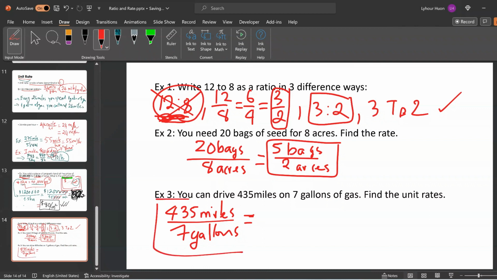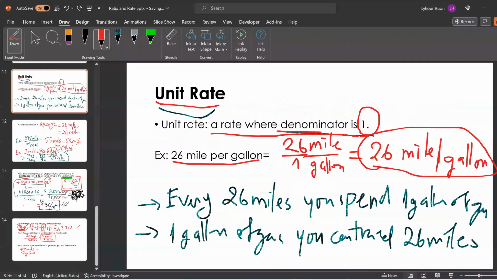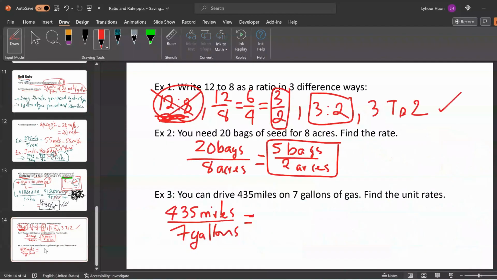This is the rate, but our purpose is to find the unit rate. How can we find it? We make the denominator 1, so we divide by 7.